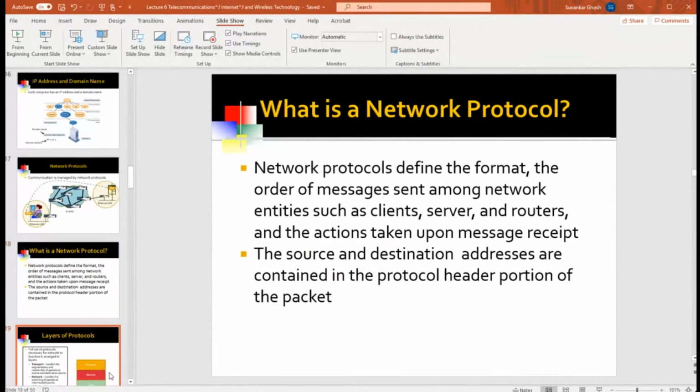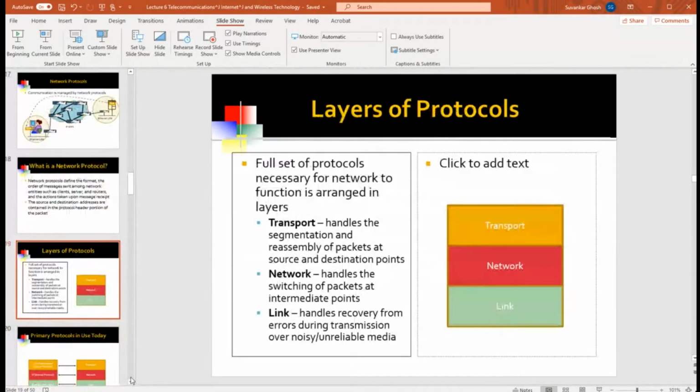Okay, now let's turn our focus more to the IP network, the internet, and how it works. The internet requires 3 layers of protocols to work. These 3 layers are generically known as the link layer, the network layer, and the transport layer.